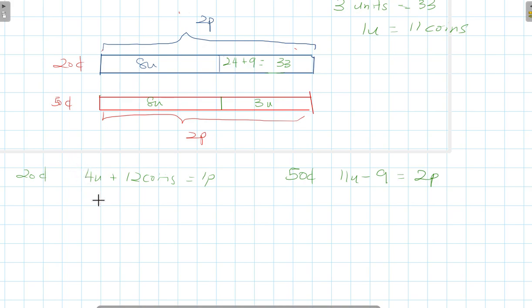So I know that 1 unit equals 11 coins. You can just punch in your calculator. 4 times 11 is 44, add 12. So in the end I will have 56 20-cent coins, but I want to know the money.